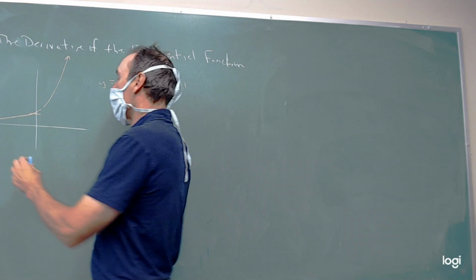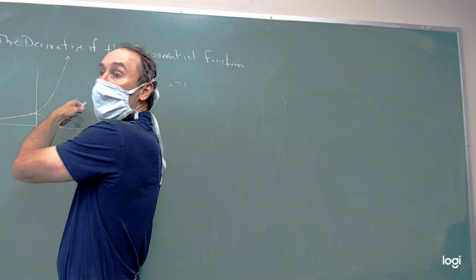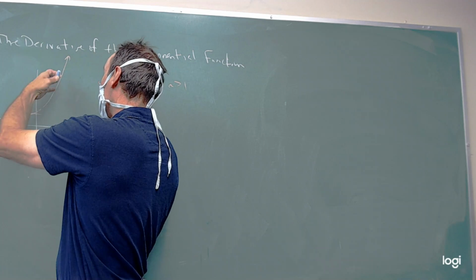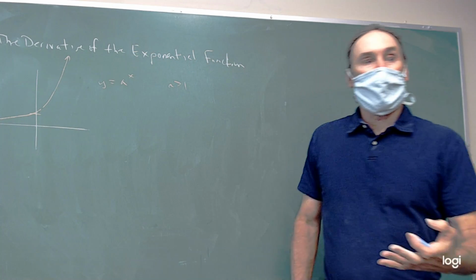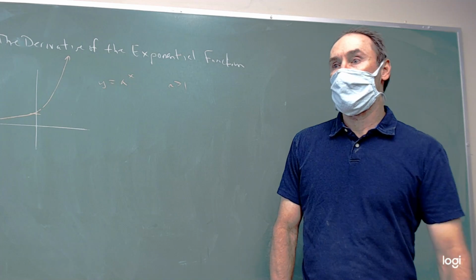Well, let me back up there. We look at the slopes of the tangent lines, they are increasing, and so the derivative graph should be increasing as well, much like this.